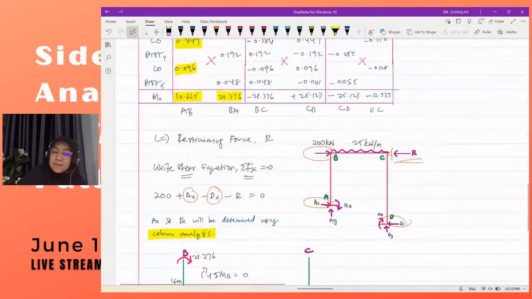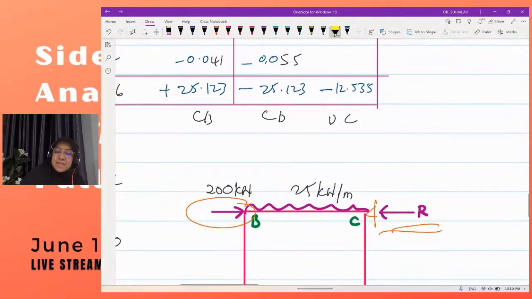We do the same for CD. Look at the table, which has the values for CD and DC.